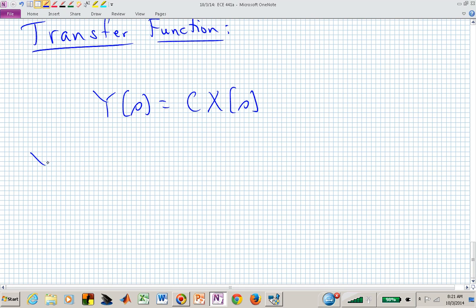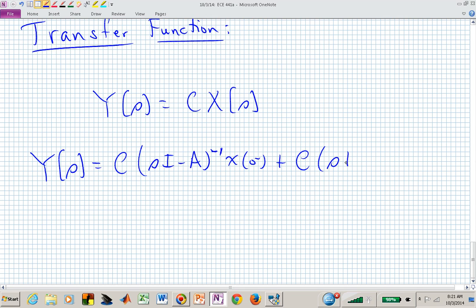If we now replace x of s with that expression above, we now have c times si minus a inverse x of 0 plus c si minus a inverse b u of s.